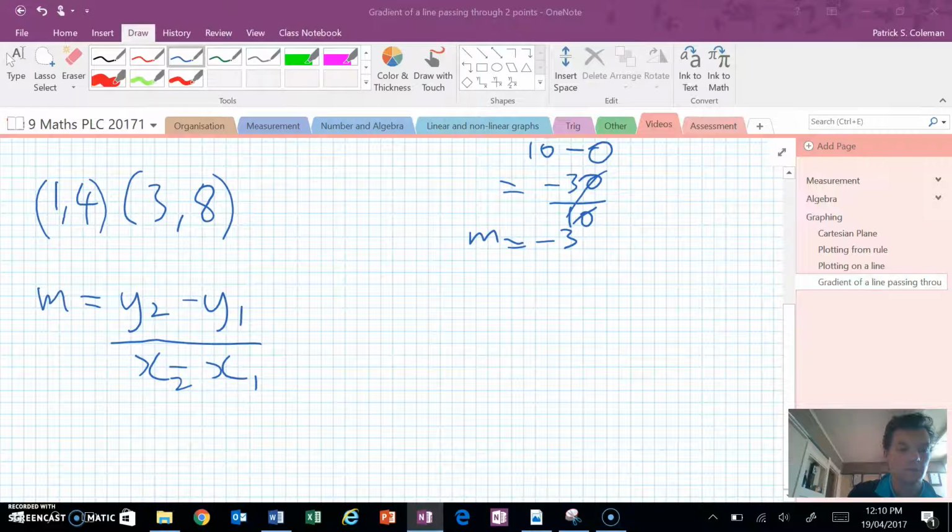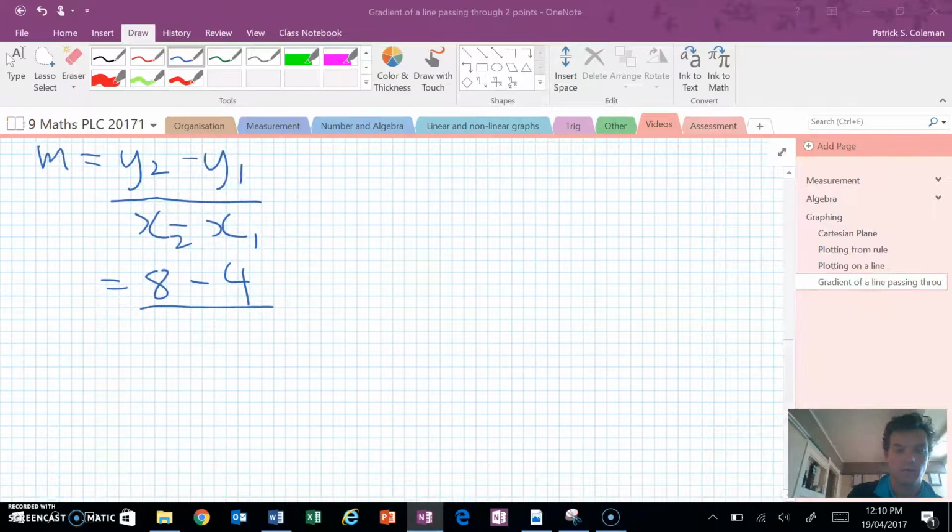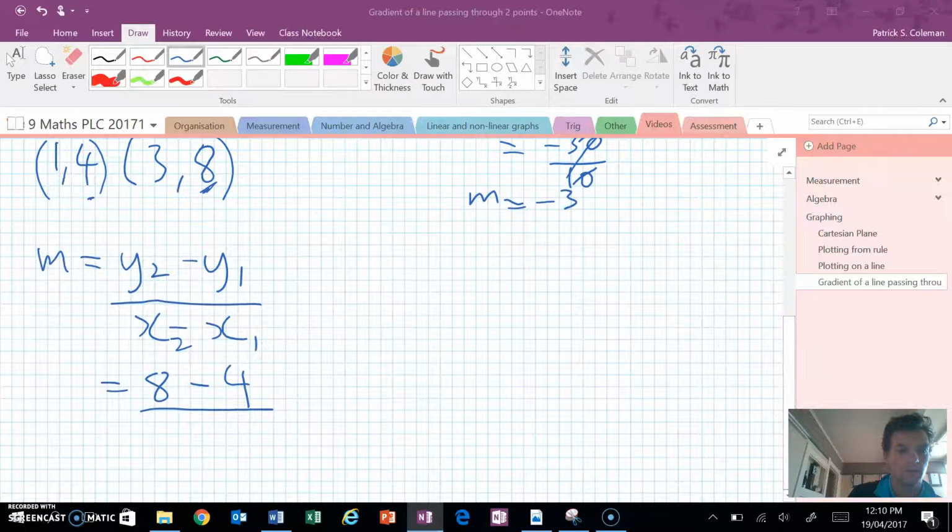So y2 in this situation is 8 minus y1, which is 4, over x2, which is 3, minus x1, which is 1. So 8 minus 4 is 4, 3 minus 1 is 2, and we can simplify that to be equal to 2. So this particular gradient, m, is equal to 2.